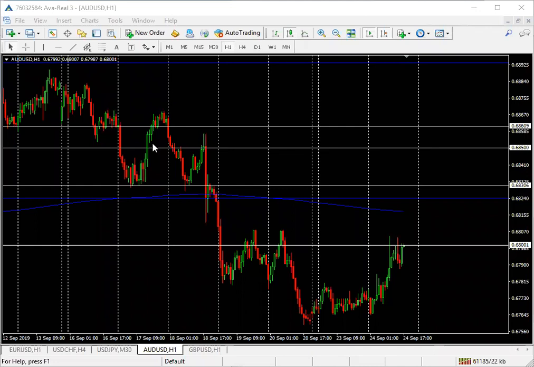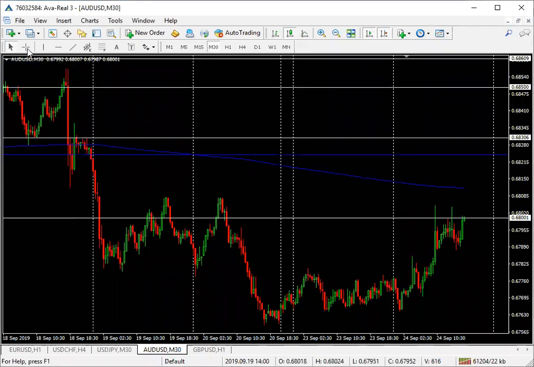You can see that we have a support level there, 68.30. Market pushed away from that level, hit that zone again, pushed up, broke it aggressively, came back in to retest that level, and started to move away from that zone.